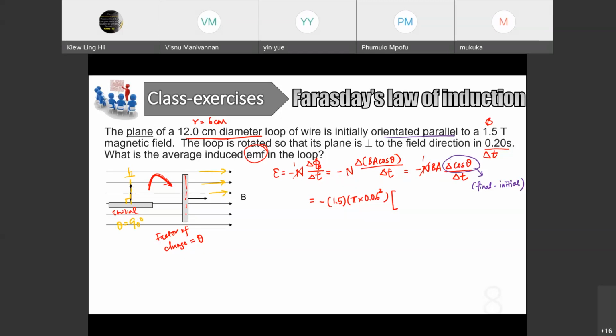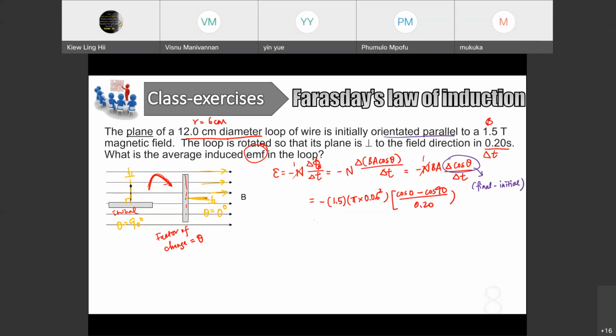Now, when it is rotated to perpendicular to your magnetic field lines, this is your normal line. Normal line and magnetic field, at the final position, is equal to 0 degrees. So when you put in your values here, it will become cos 0 minus cos 90 over the change in time, which is 0.2 seconds.